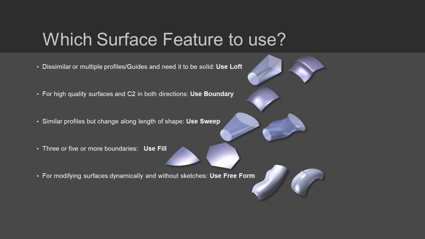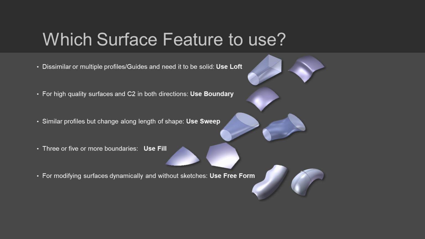In fact, it generally replaces all of the functionality of Loft with some important distinctions. Boundary is basically used to define a surface between boundaries, usually 2 first direction curves or 2 first direction and 2 second direction curves.